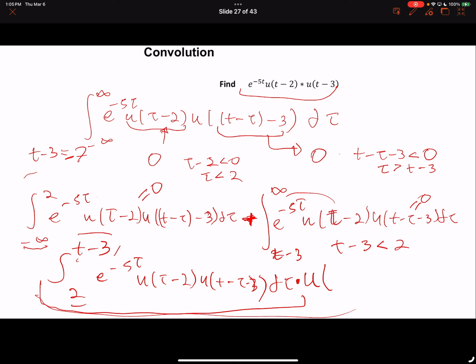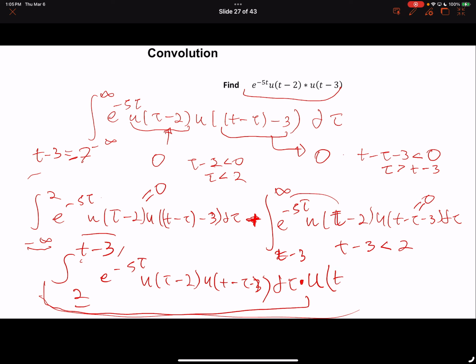Whenever the upper limit is less than the lower limit, we have to multiply by 0. Another way of saying that is we have to multiply this by unit step function t minus 5. Okay, so this integral we don't have to do because it's 0. This integral we don't have to do because it's 0.